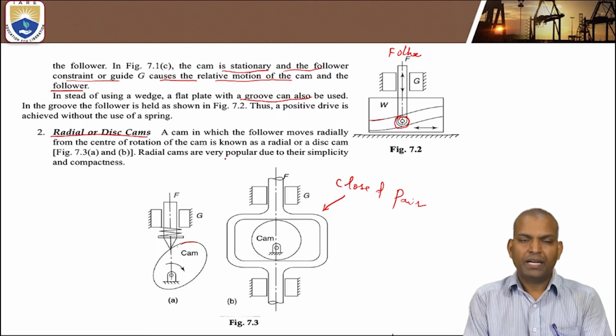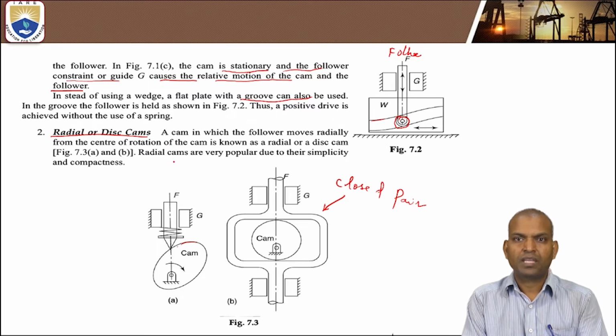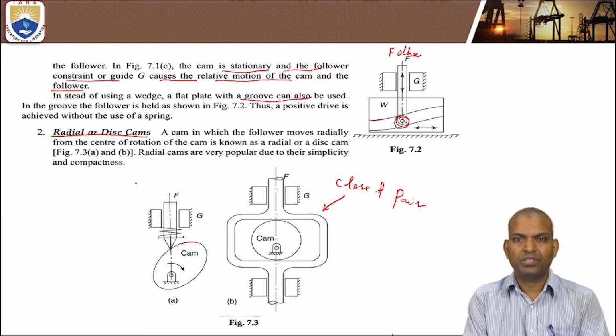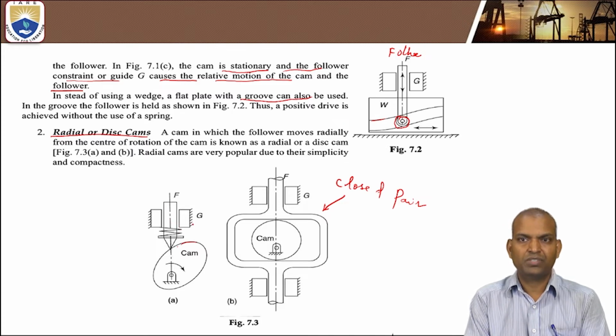Radial cams are very popular due to their simplicity and compactness. The design is simple, and radial cams are easy to manufacture. Why should we call them radial cams or disc cams?